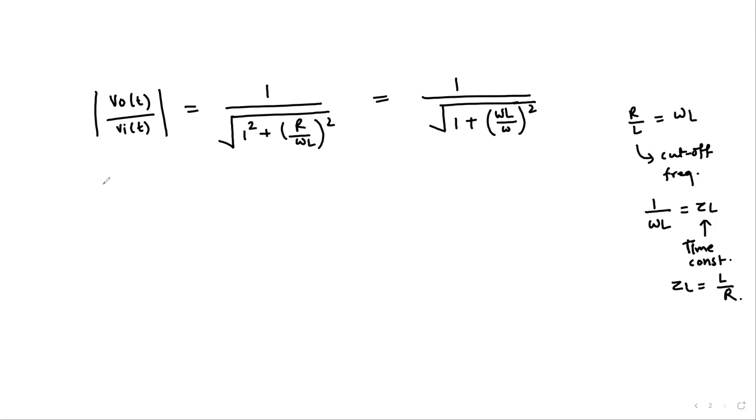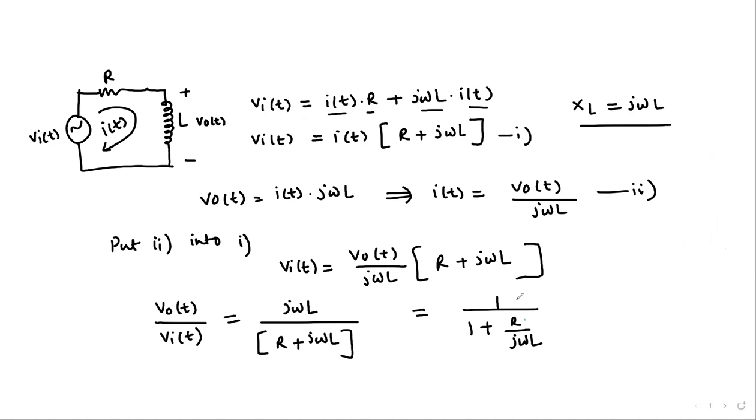Similarly, we can have the phase of this gain, which is VO of t divided by Vi of t, and we are writing this equation by looking at this one.